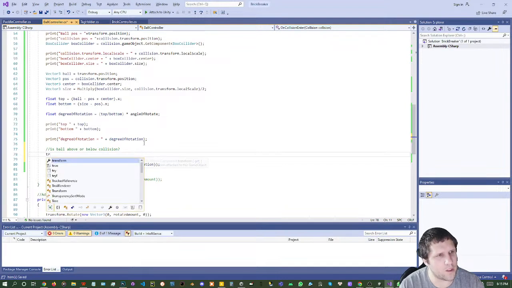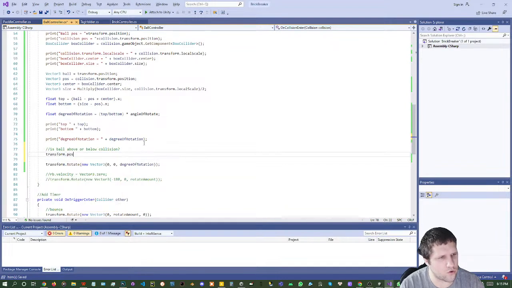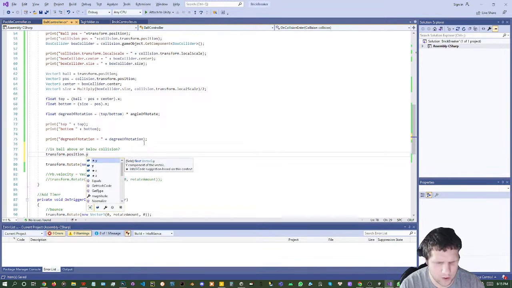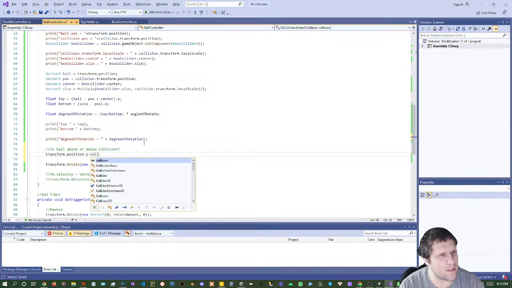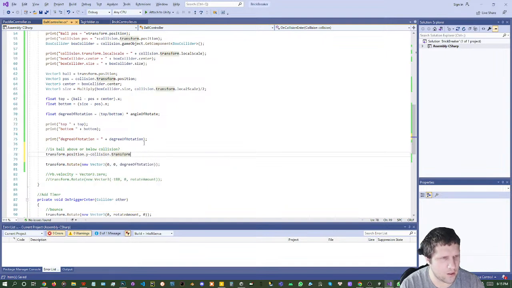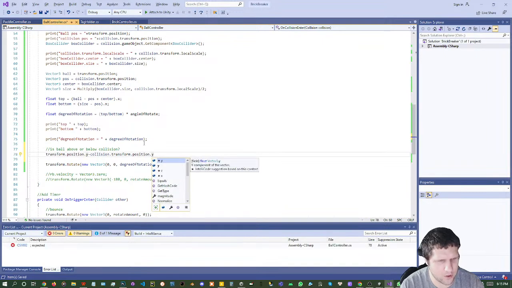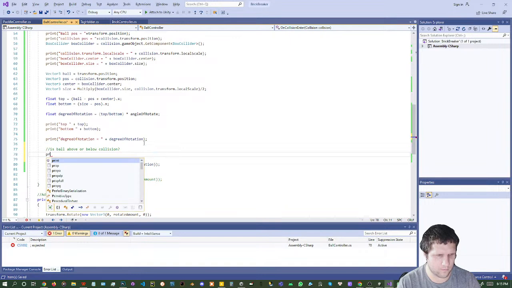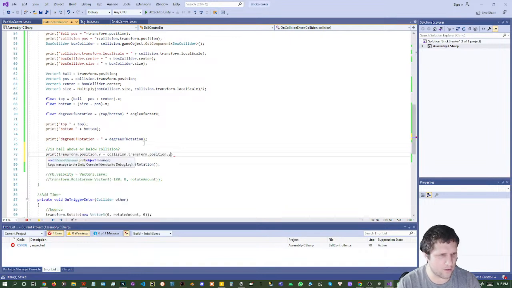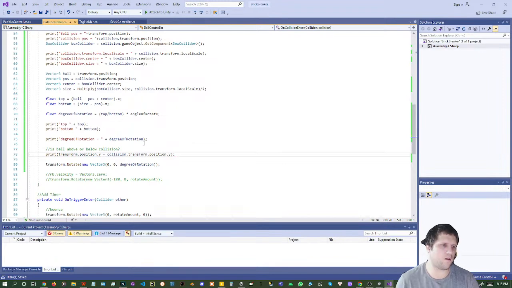So this would be transform.position.y minus the collision.transform.position.y, and let me just print this.